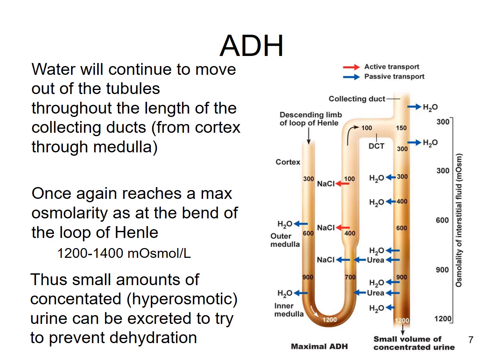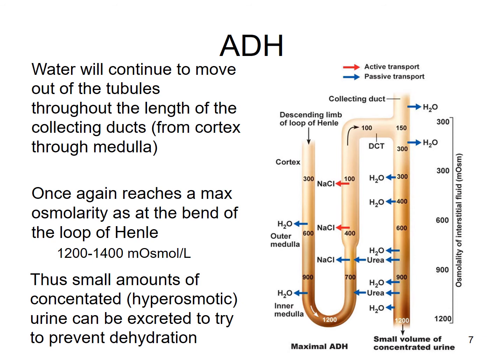So basically, because water continues to move out of the collecting duct as you move deeper and deeper, this is going to allow you to extract more and more water, and so you're going to have smaller amounts of concentrated urine in an attempt to try to prevent dehydration.